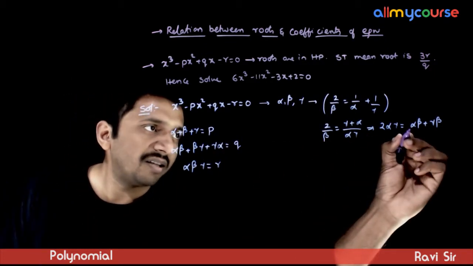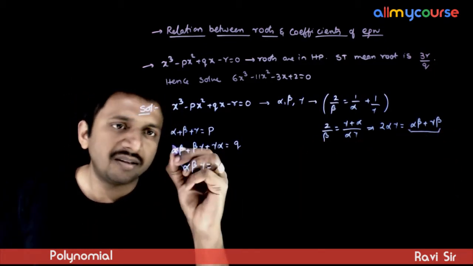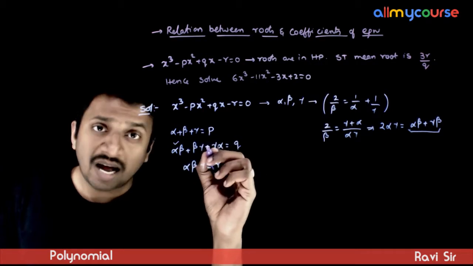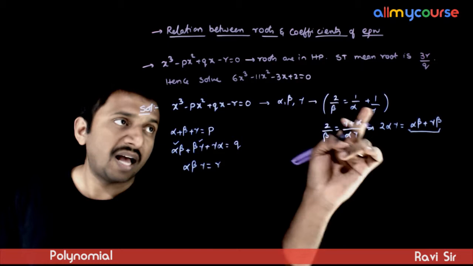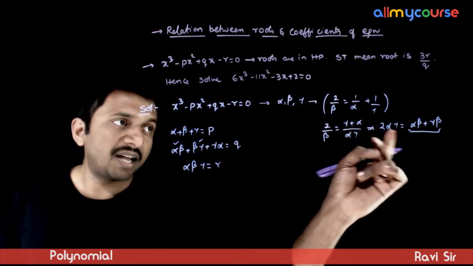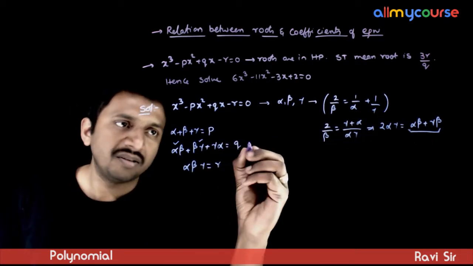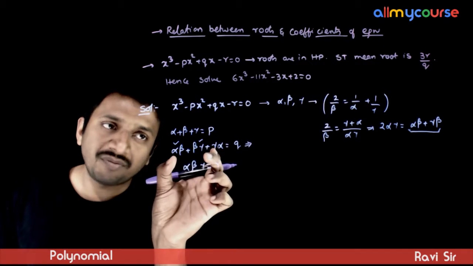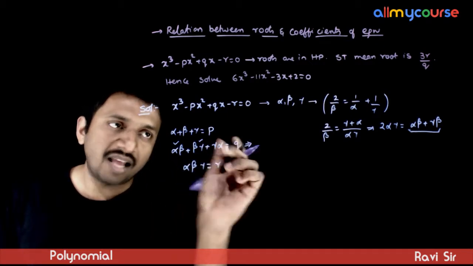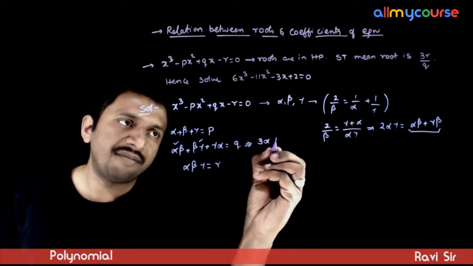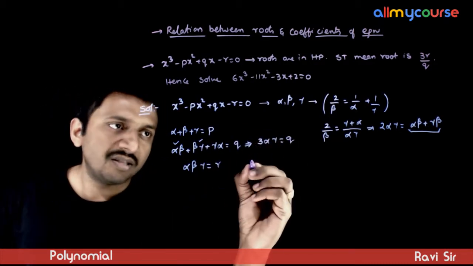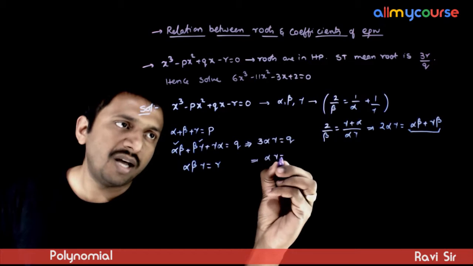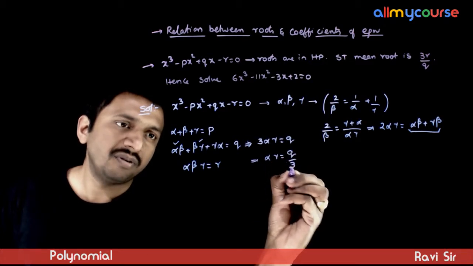Given that alpha beta plus beta gamma is equal to 2 alpha gamma, the sum is 2 alpha gamma plus alpha gamma. So 3 alpha gamma is equal to q. This implies alpha into gamma is equal to q by 3.